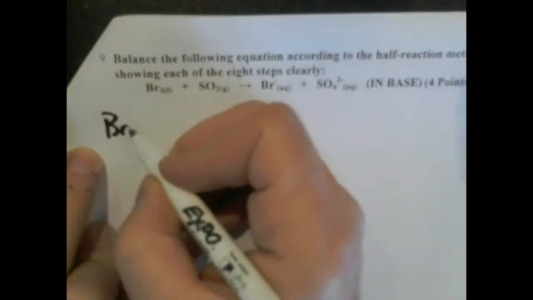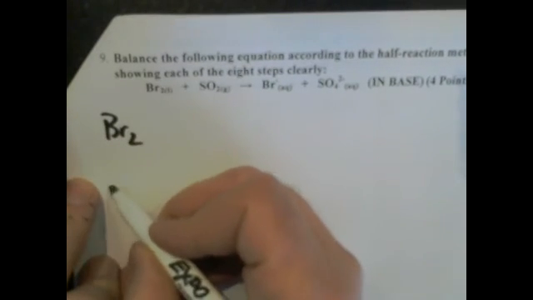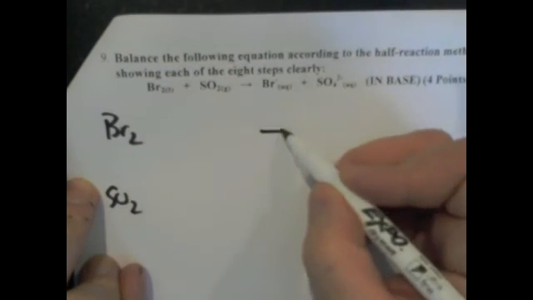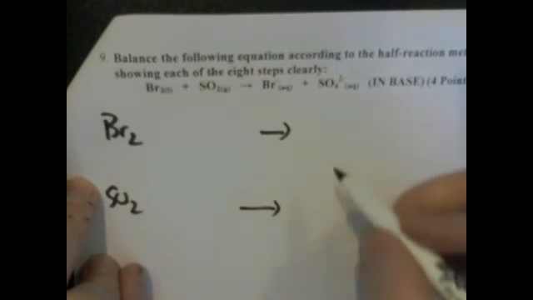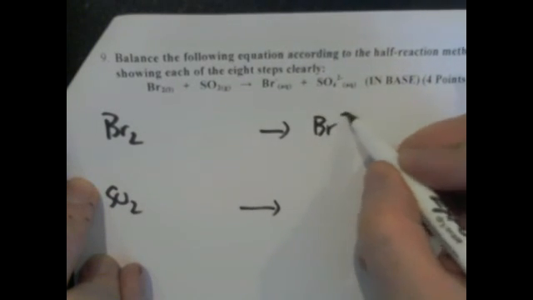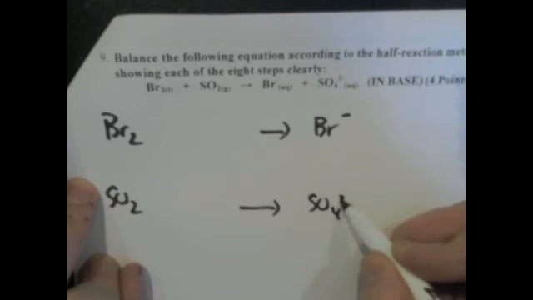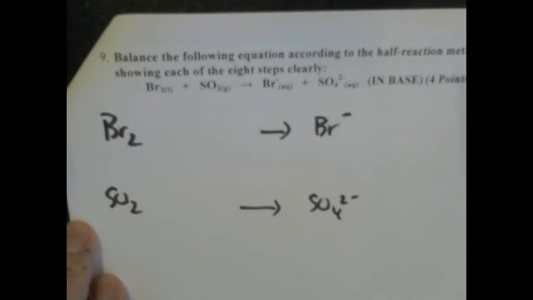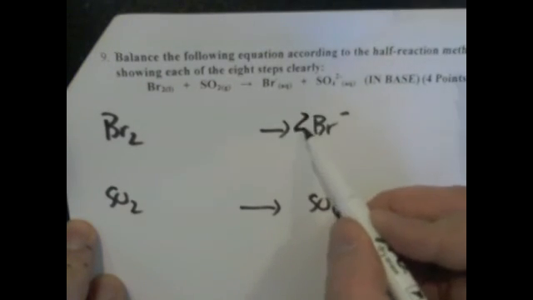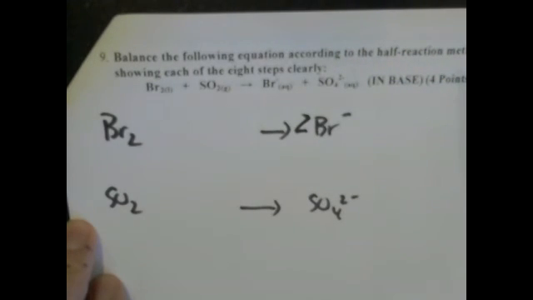So we break this into our two half equations like before. So I want to write down my two reactants. Leave a space, put an arrow, leave a space, put an arrow. Then I'm going to write down the products. There we go. It looks very kind of familiar, doesn't it? Then I'm going to balance for atoms that are not oxygen. So I'm going to need 2 of those, and I've only got 1 sulfur on the side there, so that's fine.